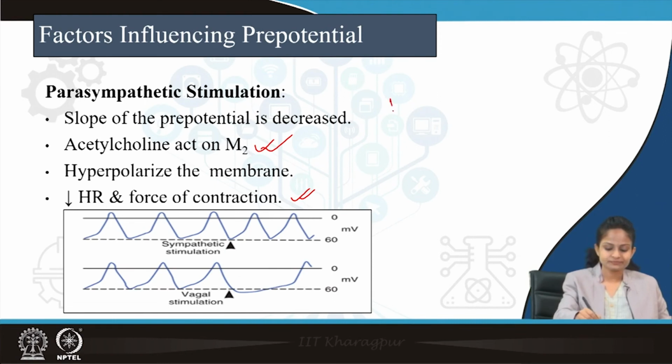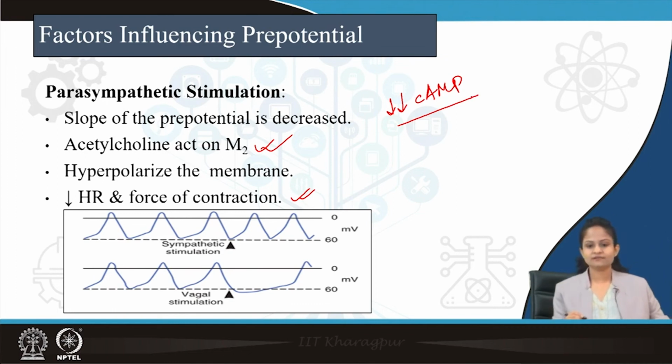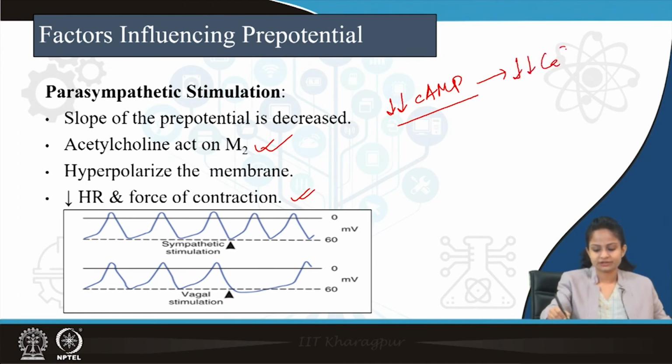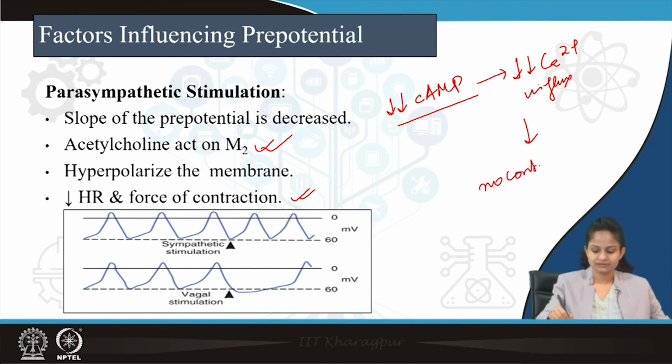There is decreased activity of cyclic AMP, so that will cause a decrease in the calcium influx, and hence obviously no contraction of the muscle.